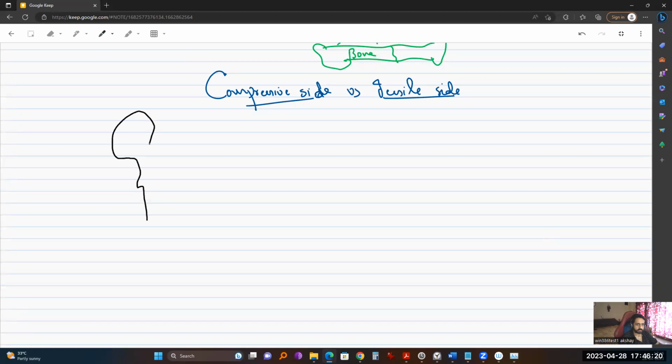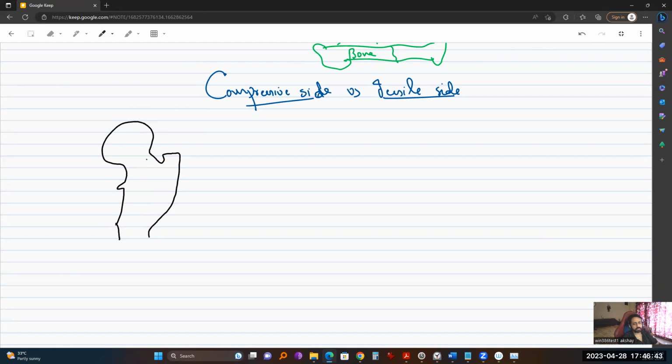Let's draw the femur. So this is the femoral neck and the femoral head.